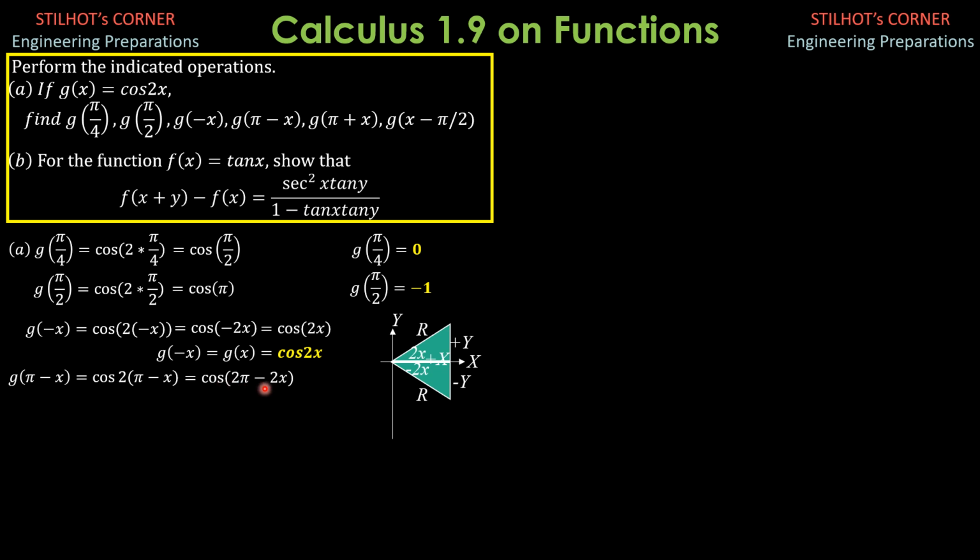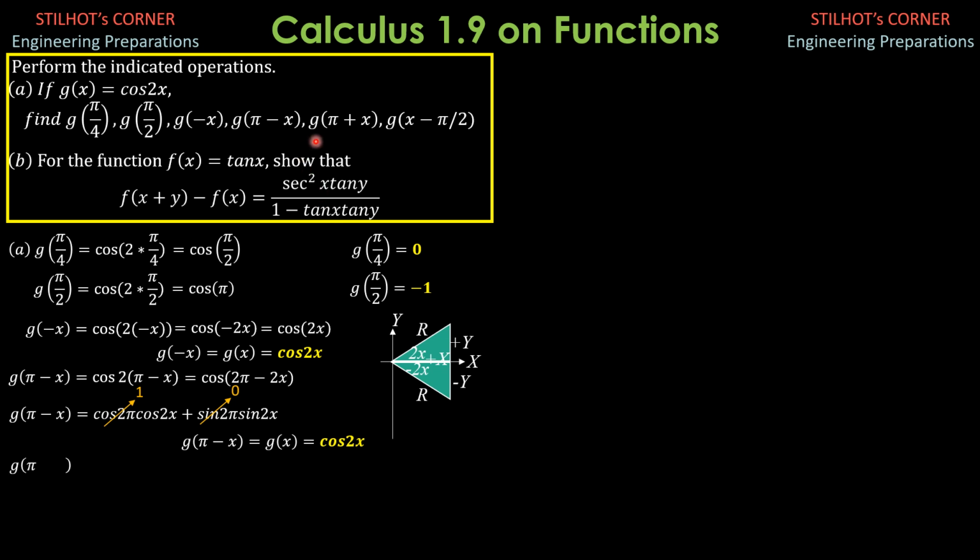So this is cosine of 2 pi cosine of 2x plus sine of 2 pi sine of 2x. Remember that cosine of 2 pi or cosine of 360 degrees is 1, the same as cosine of 0, while sine of 2 pi, sine of 360 degrees, sine of 0 is 0. And therefore, 1 times cosine 2x is cosine 2x. So g of pi minus x is the same as g of x. It's also the same as g of negative x. So it is just cosine of 2x.